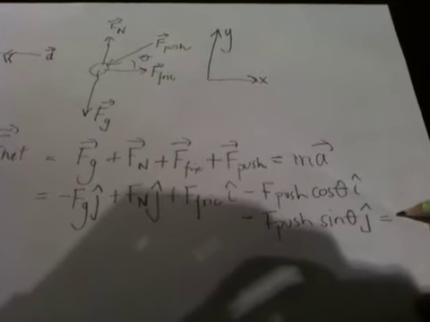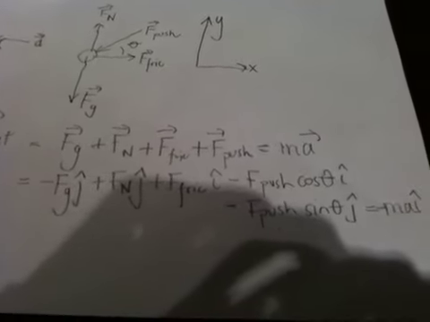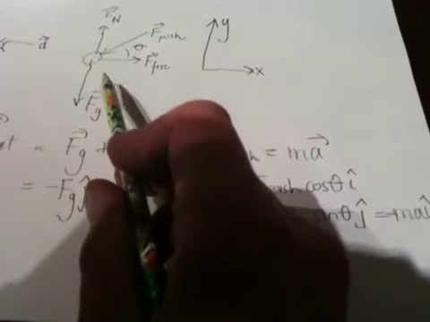And all of that is equal to mass and acceleration, and that was in minus i hat. And there's the whole expression. That is a mathematical expression for this free body diagram.